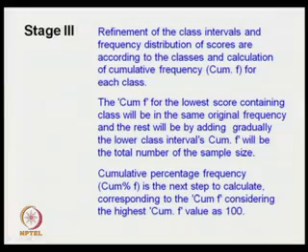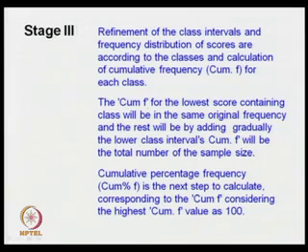Now, stage number 3, refinement of the class intervals. This is the refinement of the class intervals and the frequency distribution of scores according to the classes, and calculation of cumulative frequency, that is CUMF, for each class.